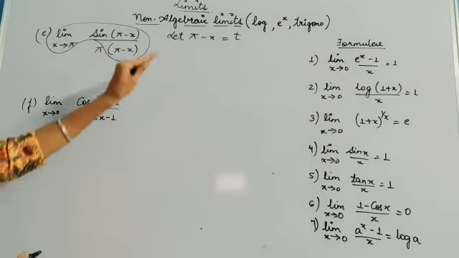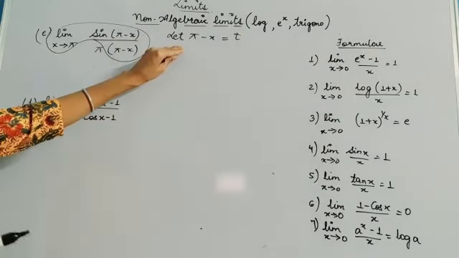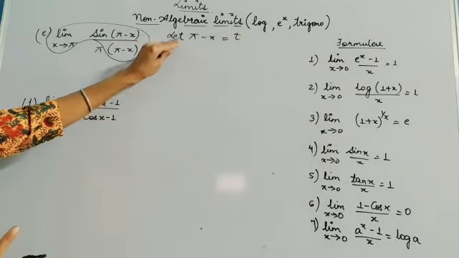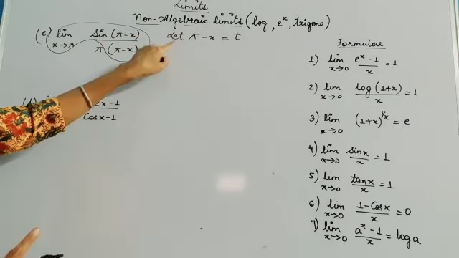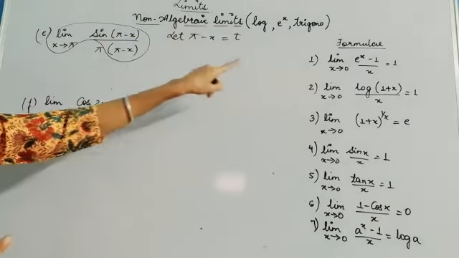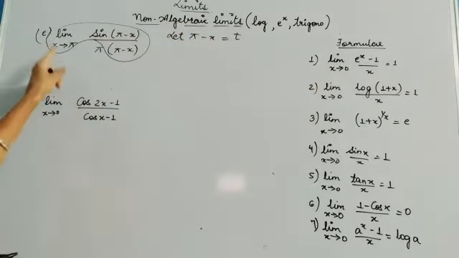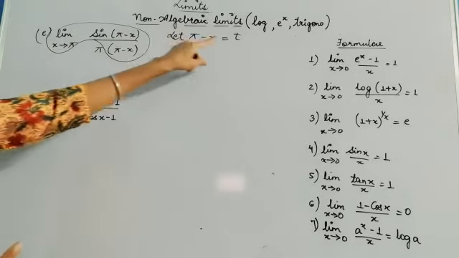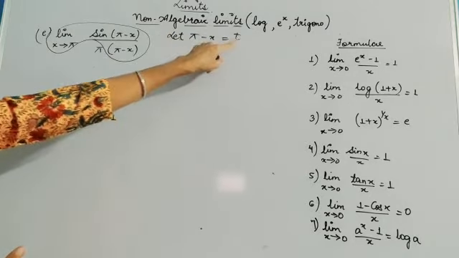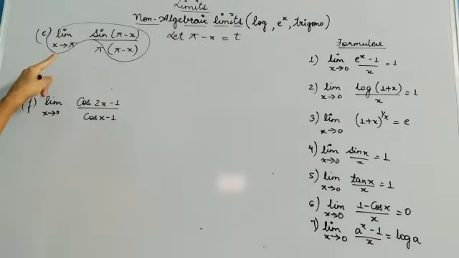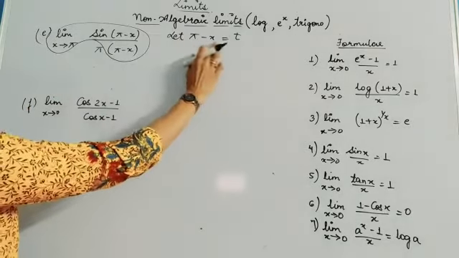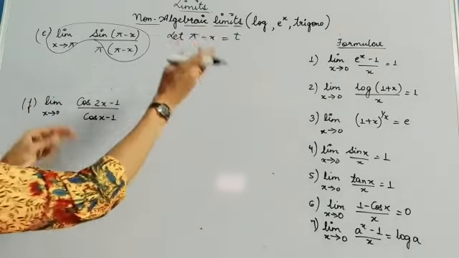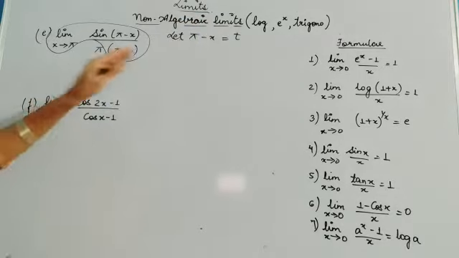Whenever you do this step in limit questions, you need to change the limit of the variable as well, because you are going to convert the question in terms of t. So your limit should also be in terms of t. Whatever you have supposed, pi minus x equal to t, you should then calculate the limit of t.